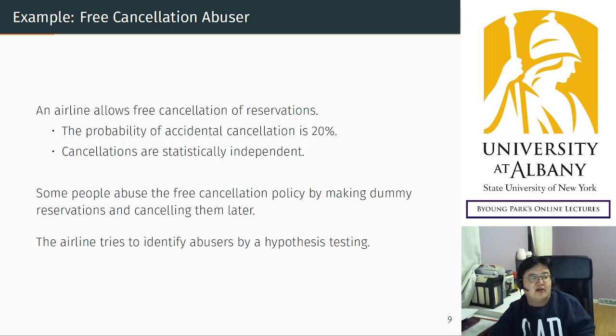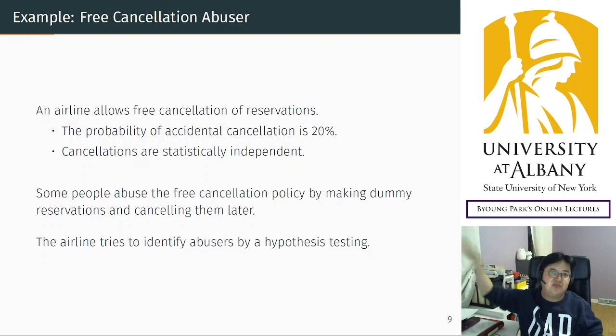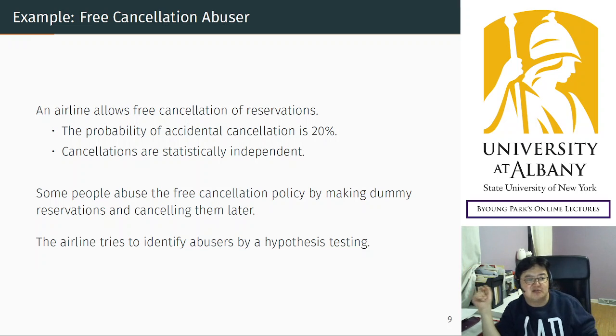knows that the probability of accidental cancellations, like if the passenger, the reservation holder, may be sick, or may truly need to cancel the trip because of something else, something serious that happens, is 20%, say.